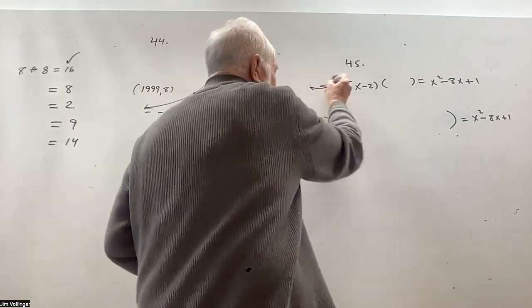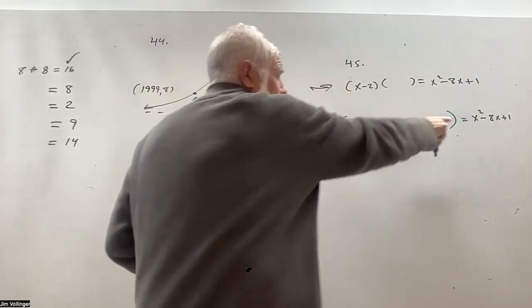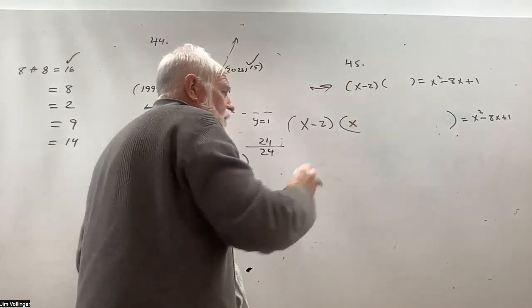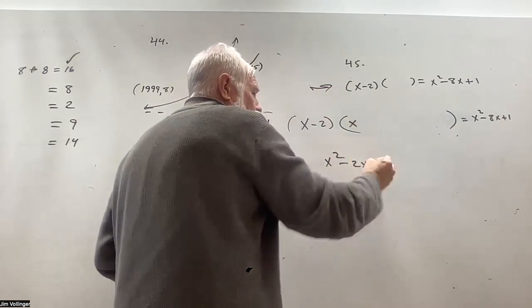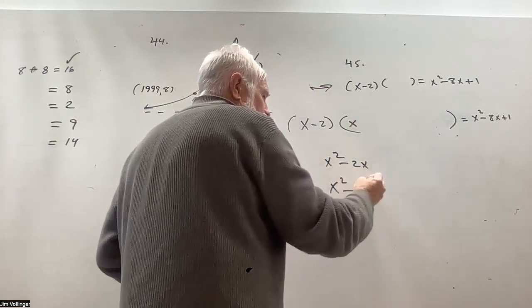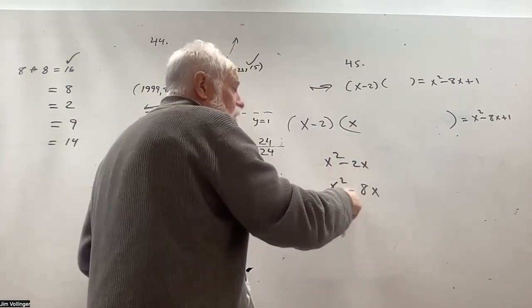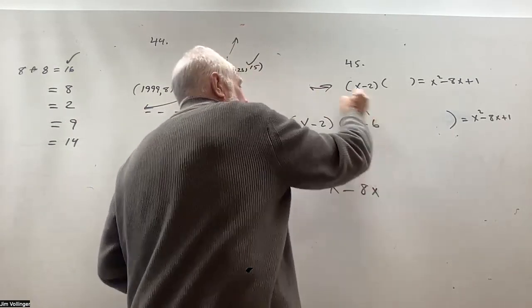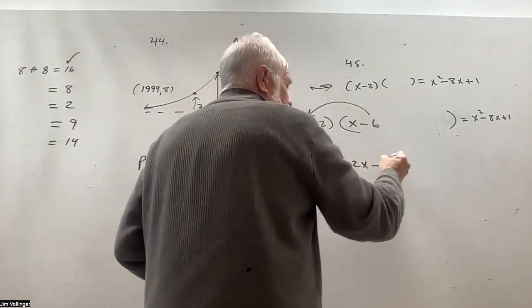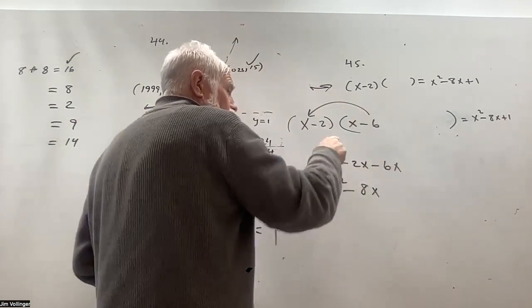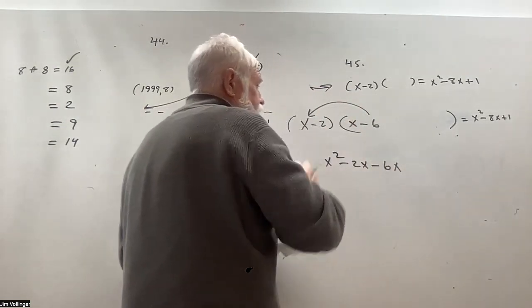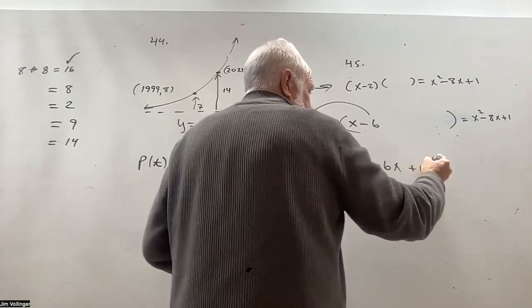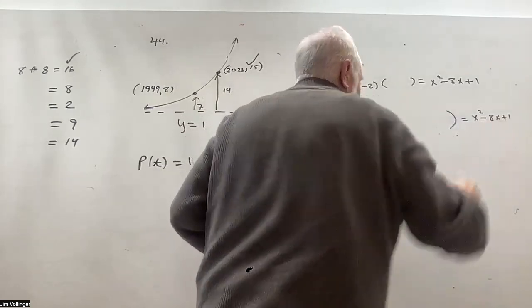So here's the original question. So we got to get x squared. Right now we got x squared minus 2x. We need x squared minus 8x. I need another negative 6. There it is. There's your minus 6x. But also we now have positive 12. And we got to get to 1.